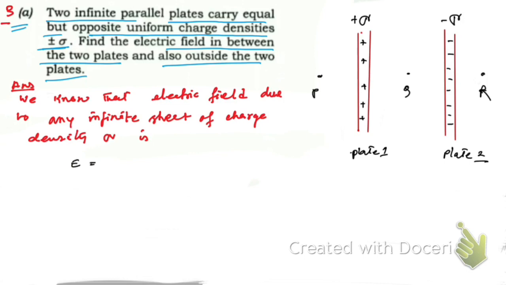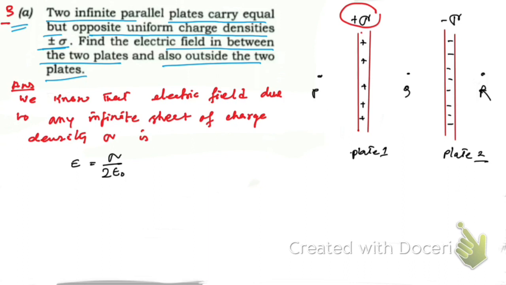E is equal to sigma by 2 epsilon naught, right? So therefore let us first calculate the electric field due to this positive plate, that means plate 1.